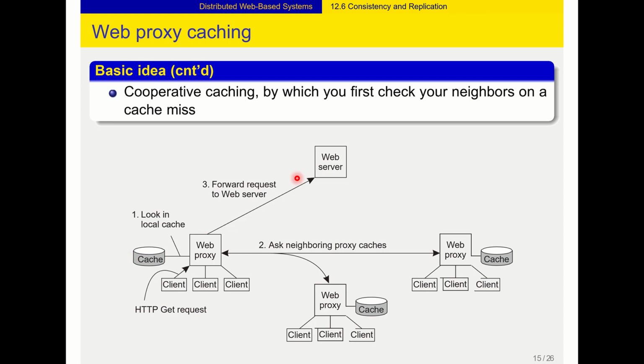This reduces server load by sharing cache content among nearby proxies, so that every time there is a request, you don't need to forward it to the web server. A cache miss happens when the requested data is not found in the cache. Basically, this is the concept of distributed cache.